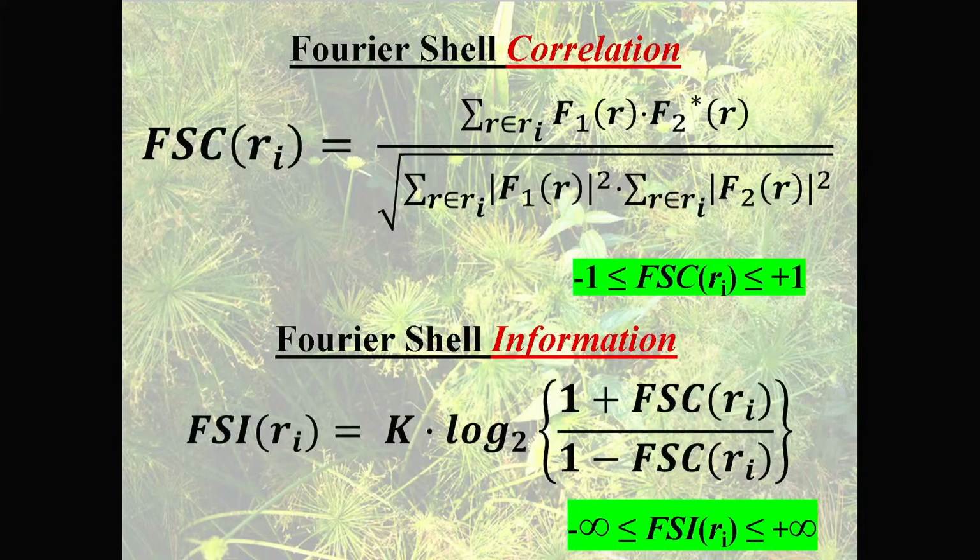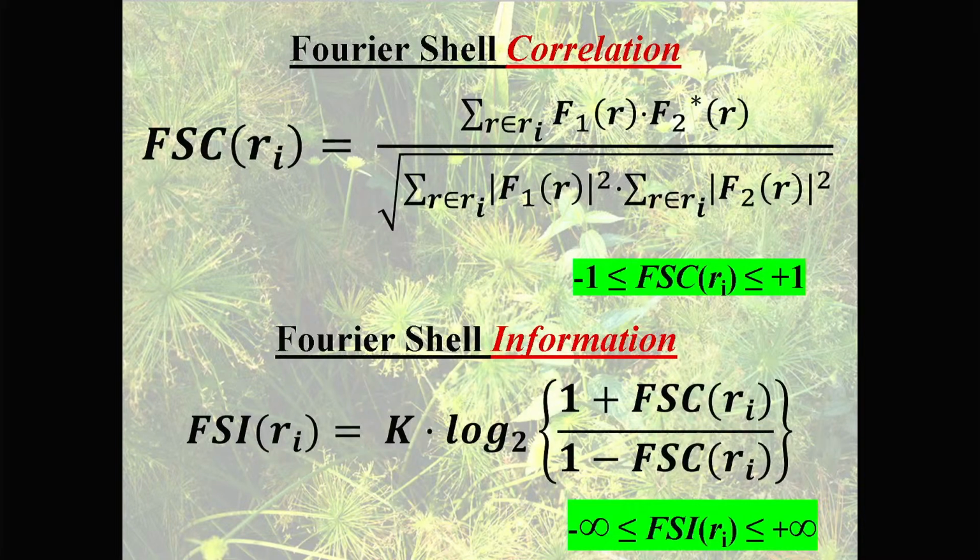So here's the mathematics, and here is the classical Fourier shell correlation. It has an oscillator that is between -1 and +1, and the Fourier shell information is defined from -infinity to +infinity. This one plays a role here, but now not with the incorrect signal-to-noise ratio by Shannon, but that's now corrected.